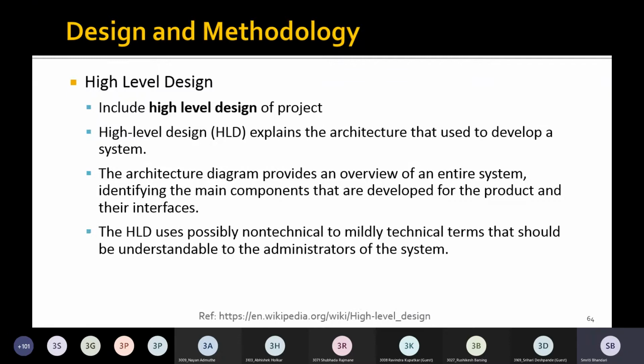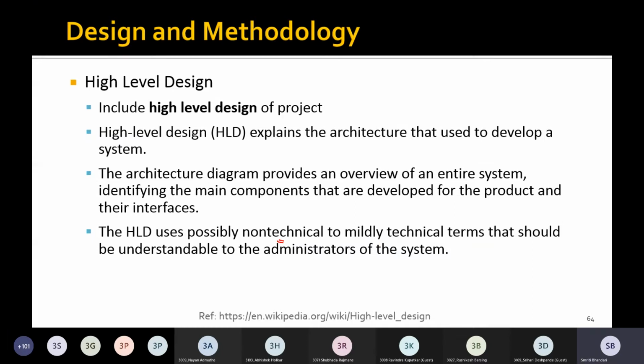Right? The high level design usually uses non-technical or mildly technical terms, right? So while providing the high level design, we are not going into much technical detail. It is a superficial introduction to the system that we have designed, right?